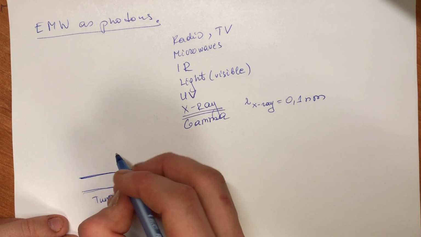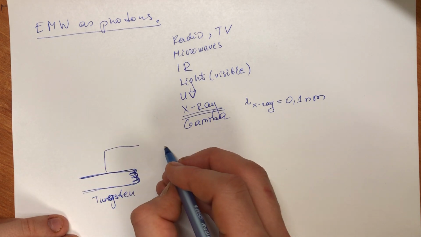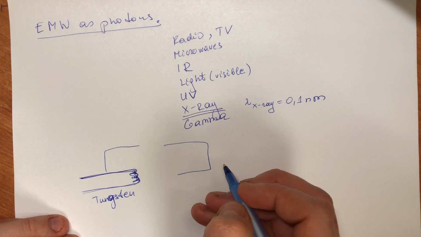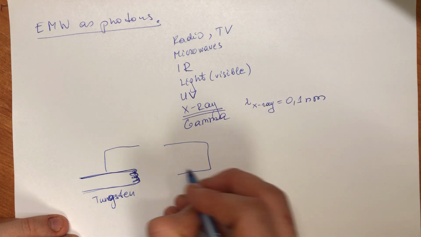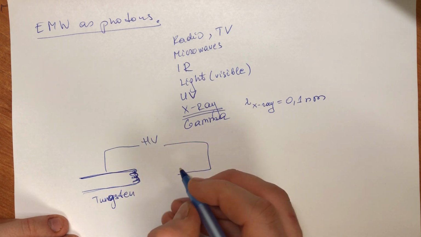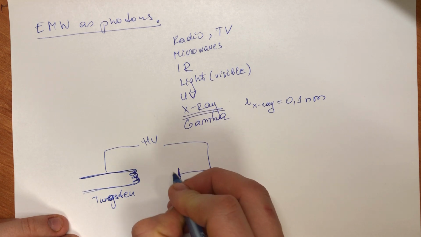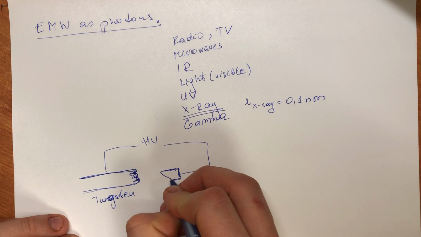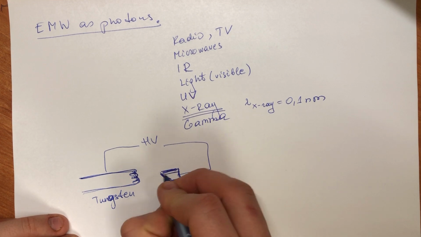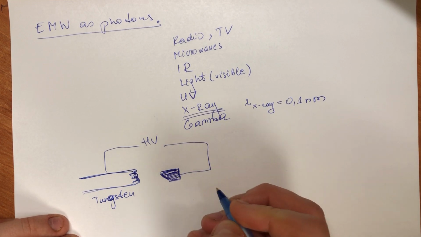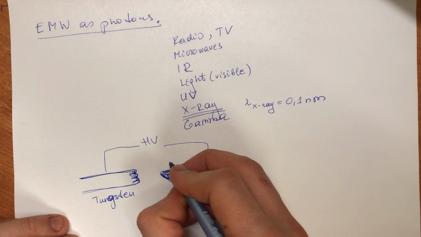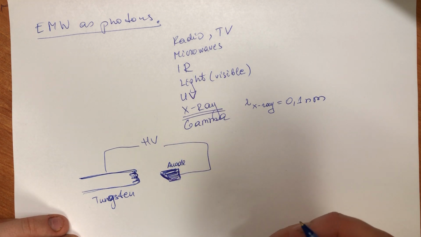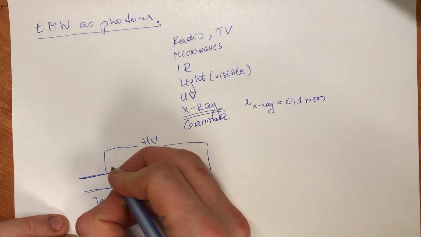Then a high voltage is applied, and this would be some kind of conductor, metal. This is called the anode, and this is called the cathode.